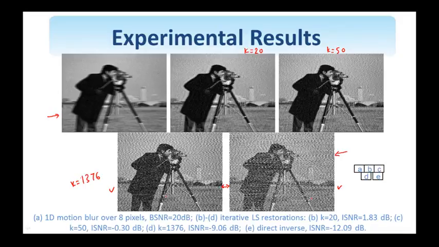However, the real advantage comes from the fact that in getting to this restoration after 1376 iterations at convergence, we can pick any of these two restorations, and most probably after 50 iterations we have an acceptable, decent restoration that might serve our purposes. So restoration and noise amplification go hand in hand.